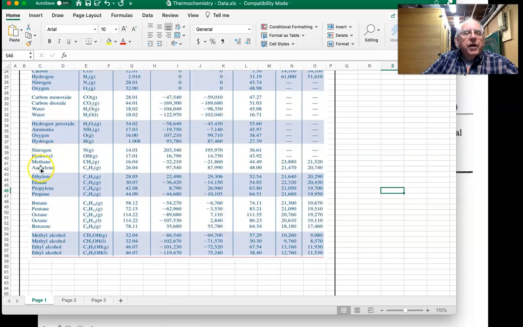And so for the various components here that typically act as fuels, we list the higher heating value and the lower heating values associated with those fuels.